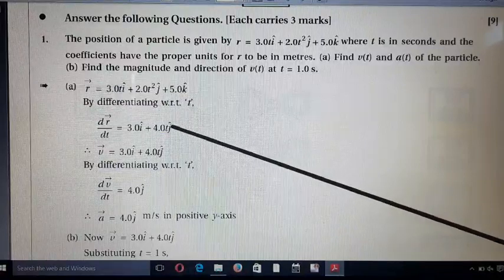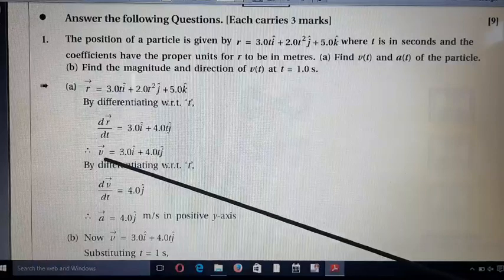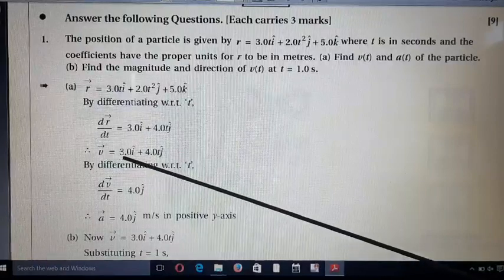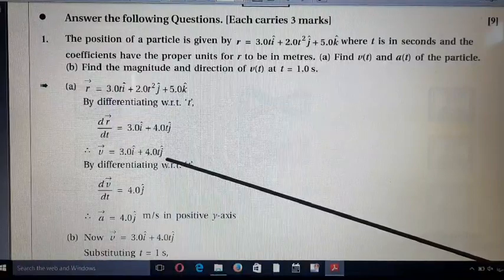So instead of dr/dt we can write the velocity v = 3 i-caret + 4t j-caret.